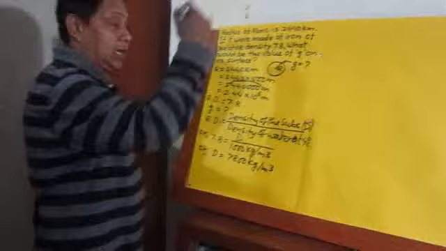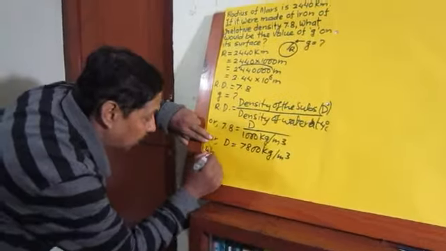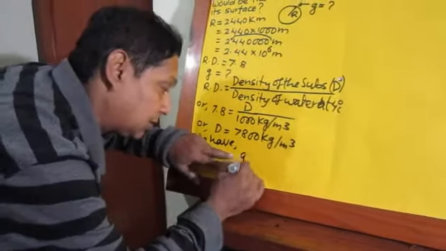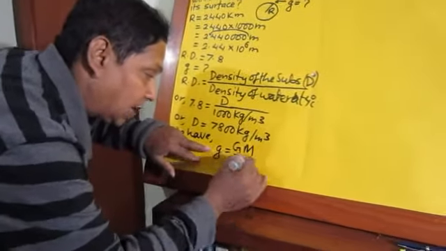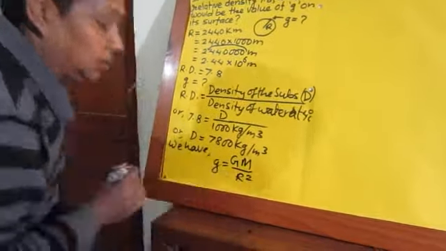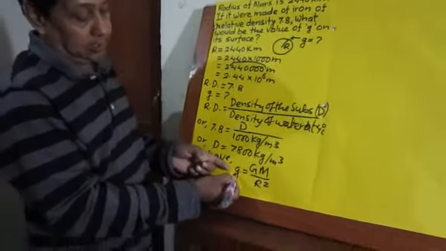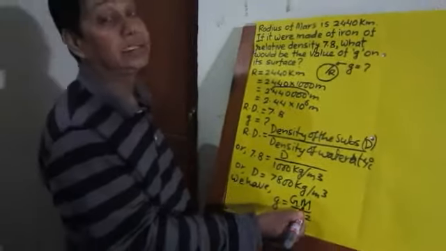Now after this, let's go through the acceleration due to gravity. The equation we are using is G equal to capital G capital M by R square. This equation can be used to get the result, but the mass of Mars is missing.